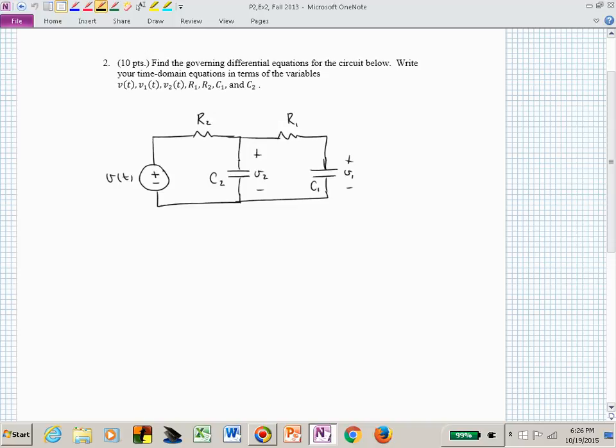If it's V2, then I might do node voltage and rewrite V1 in terms of V2 and then substitute it out. But I might do that in the frequency domain, because then I'm just doing some algebra in S, and then I would inverse Laplace transform to get my governing differential equation.